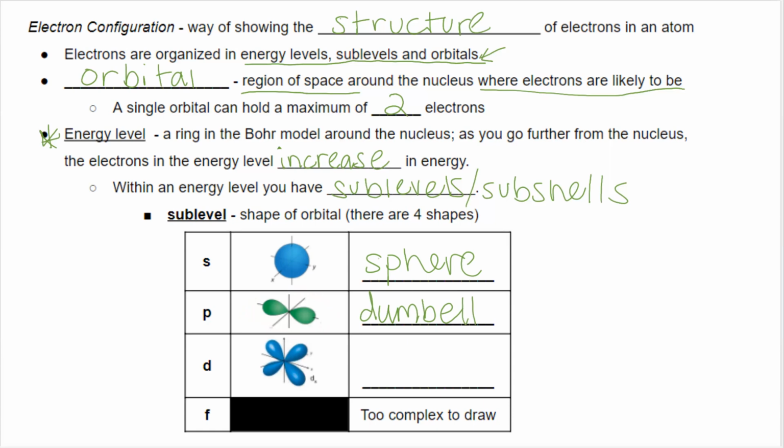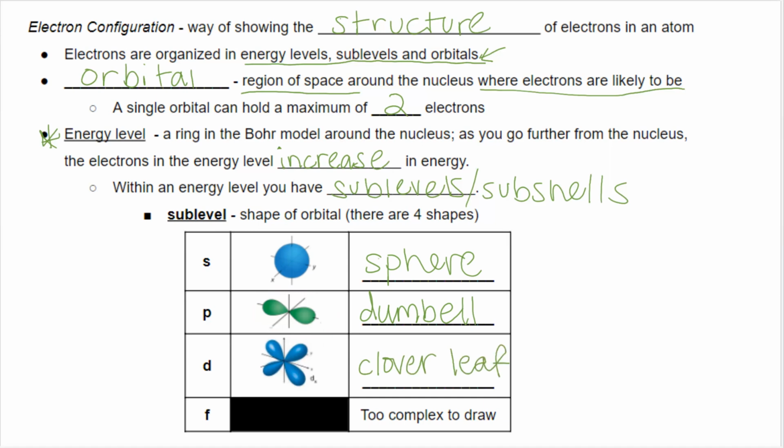Okay, and then the D sublevel, the D shape, we say looks like a clover leaf.